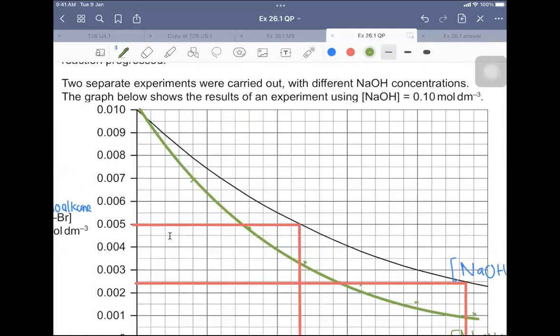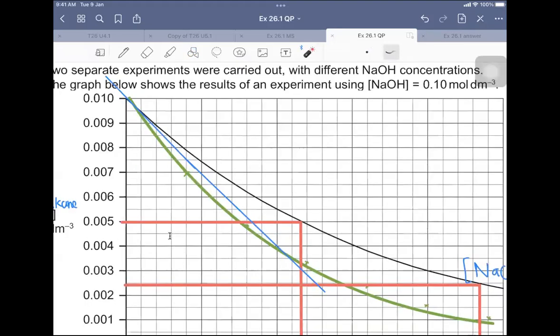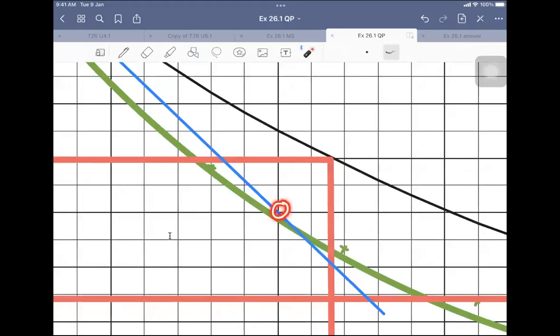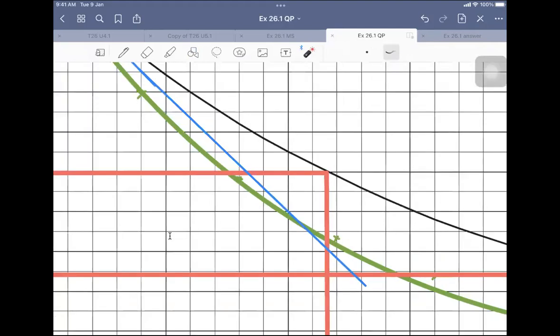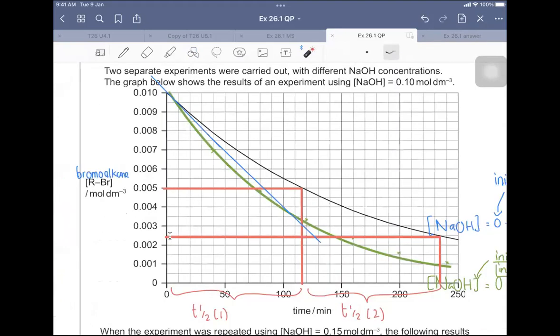The same way as in the previous question, you will draw a tangent that passes through t equals 0. You may want to extend until you get a nice line, and you just take any number that looks like a nice point to you. But again, it depends on your own graph. That blue line is the initial rate.